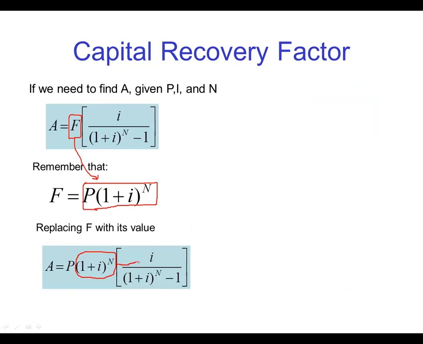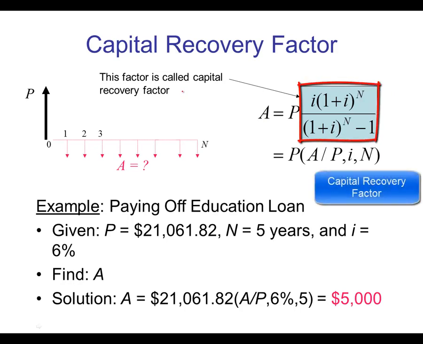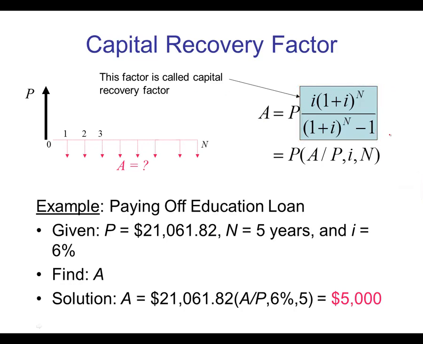So we multiply by i up here, and then the equation will be A is equal to P, the principal, multiplied by i multiplied by (1 + i)^n, divided by (1 + i)^n minus 1. Now all this value is called the capital recovery factor. So this is my new factor.